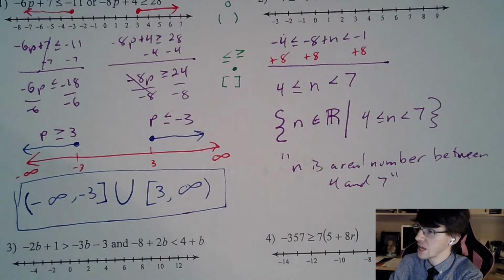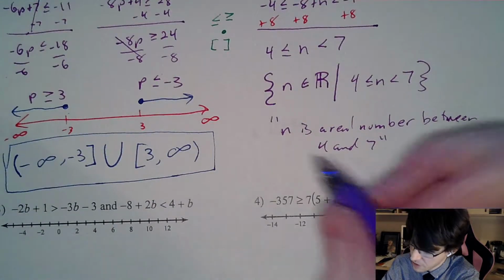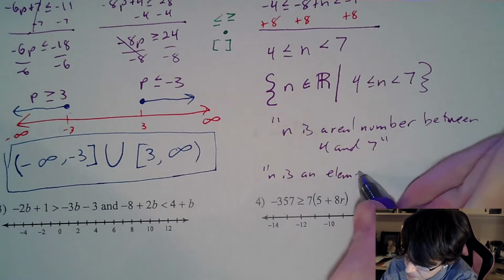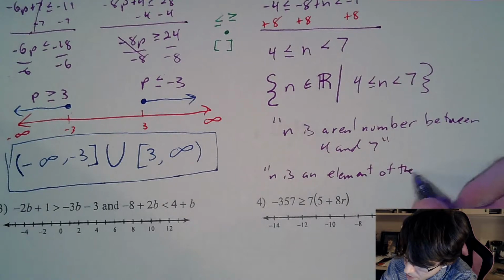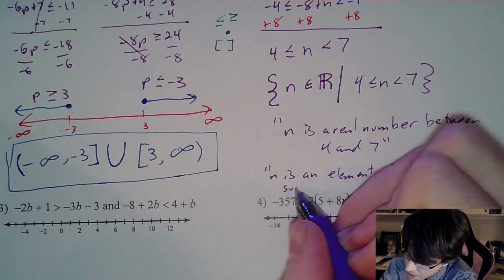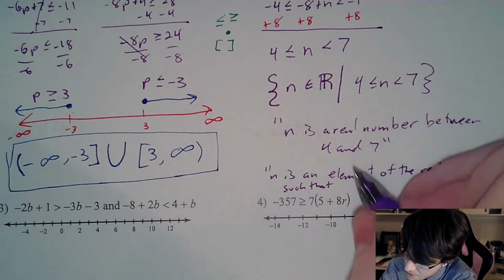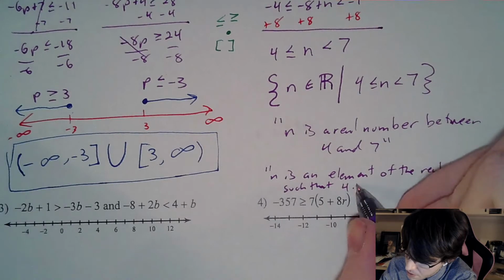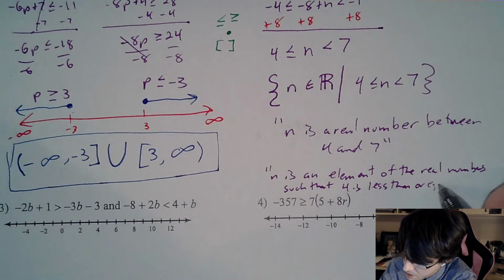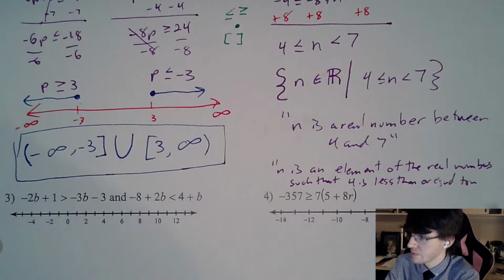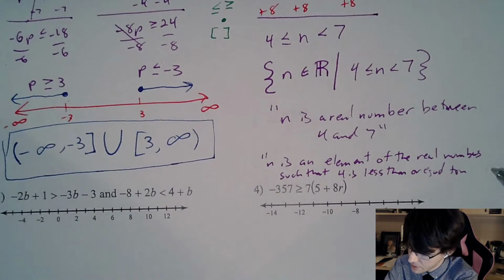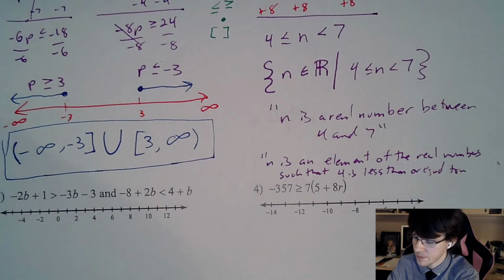And if you want to say it the fanciest possible way, the fanciest way of saying all those words would be n is an element of the real numbers such that 4 is less than or equal to n. And I'm done writing. I'm out of room. If 4 is less than or equal to n, which is less than 7, if you want to keep on going. Not too important, but hey, there it is.